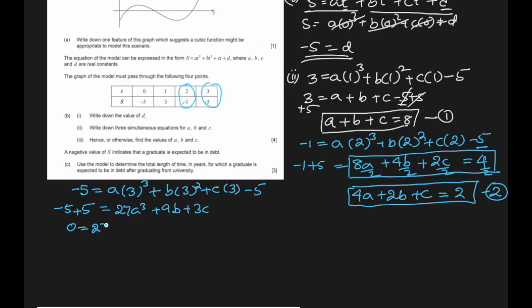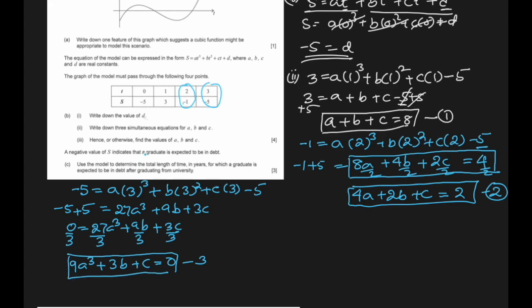Equal to 27a plus 9b plus 3c. We can again divide the whole equation by 3 so that it is simpler. So it becomes 9a plus 3b plus c is equal to 0. This is equation number 3. So that is the answer of part 2.